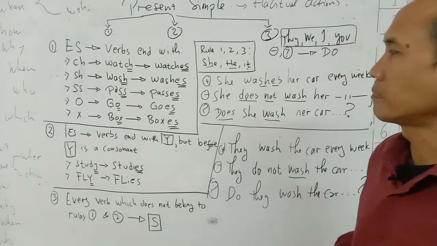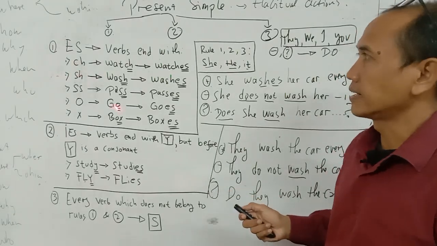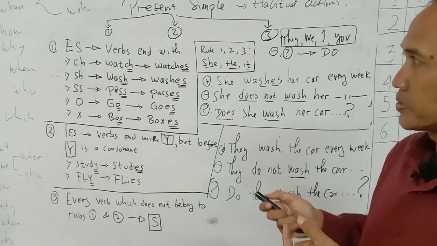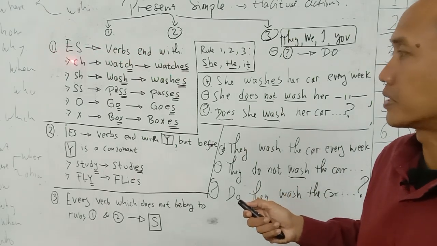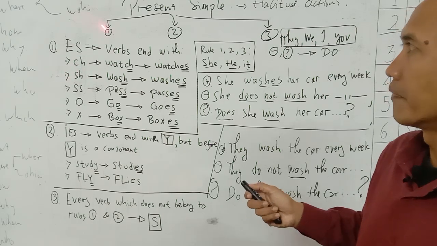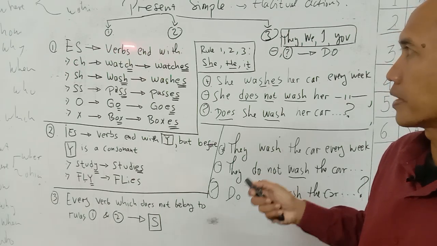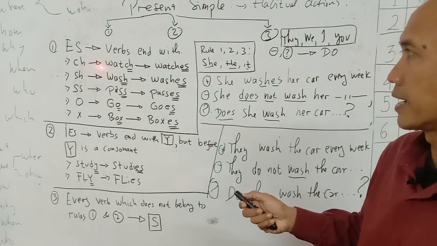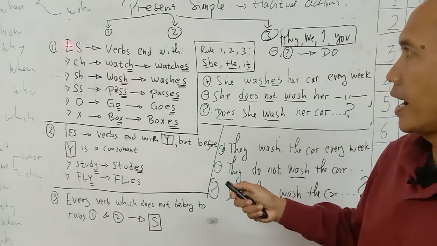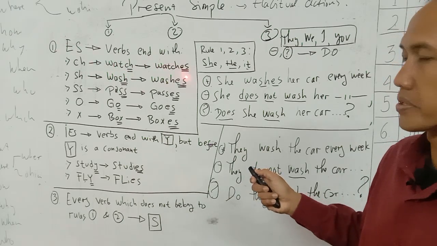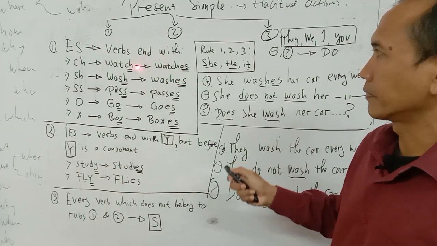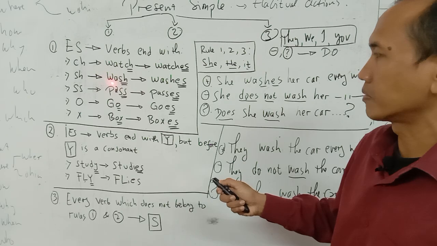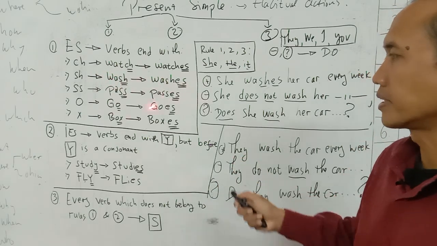Let's say number 1. Rule number 1 is you have to use es when the verbs end with ch. When a verb ends with ch, like watch, you have to put es: watches. And also when a verb ends with sh, like wash, it becomes washes.